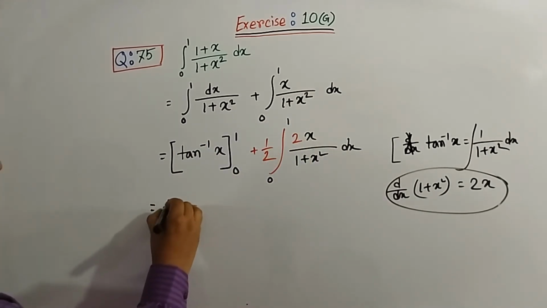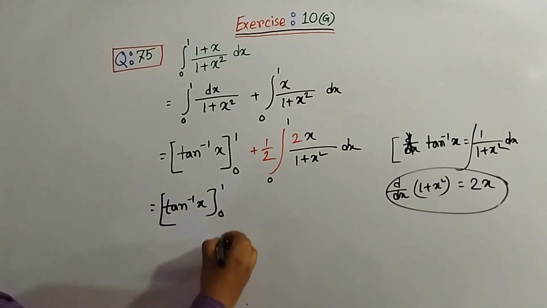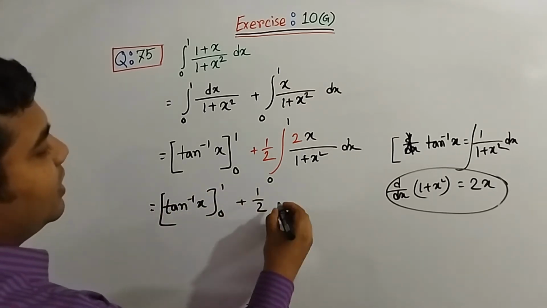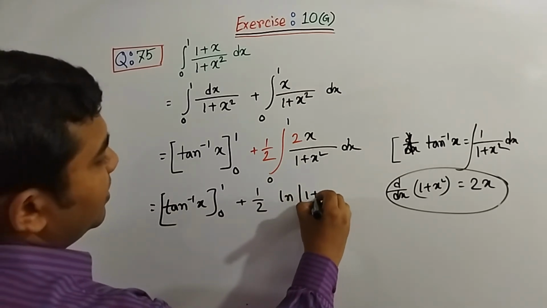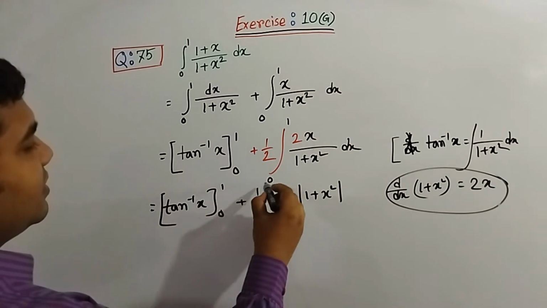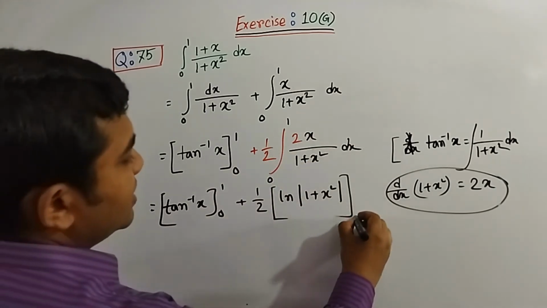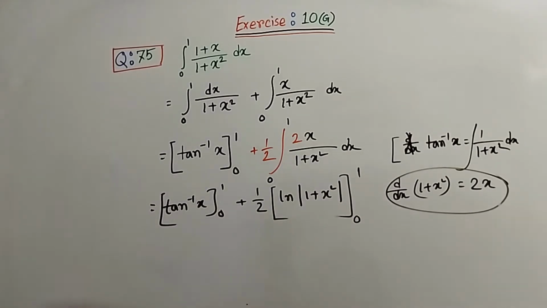So we can write here tan inverse x from 0 to 1 plus half ln of 1 plus x square. And since here was the limiting part, that is 0 to 1 will remain there.